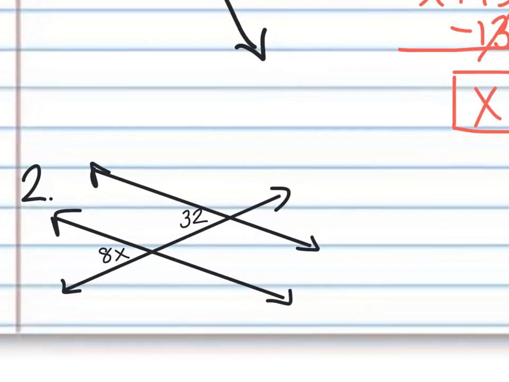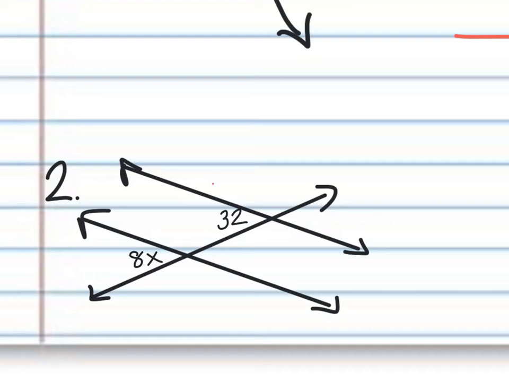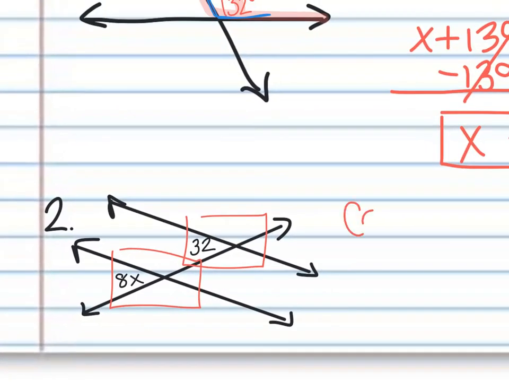So let's talk vocab for a second. If I look at these four angles and I look at these four angles, you'll notice that the 32 and the 8x are in the same spot. They're both in that left angle, the one furthest to the left. So they're in the same spot, which means they are corresponding angles. You need to know your vocab.